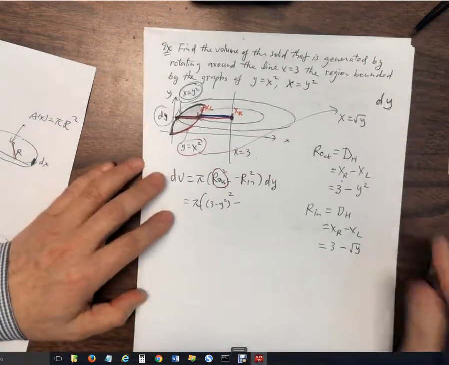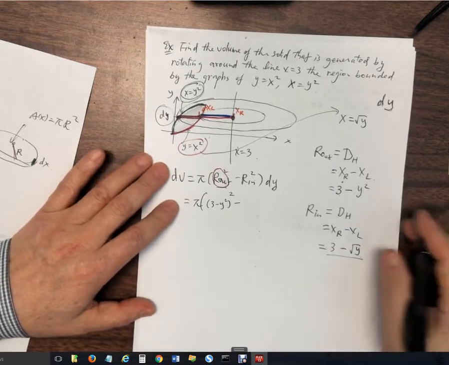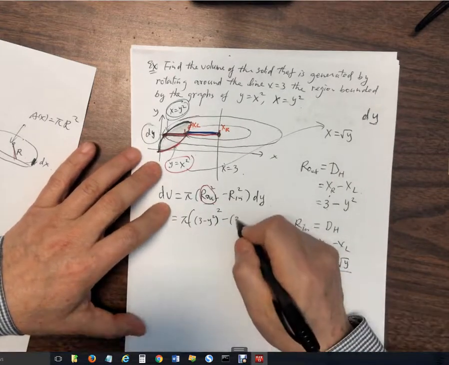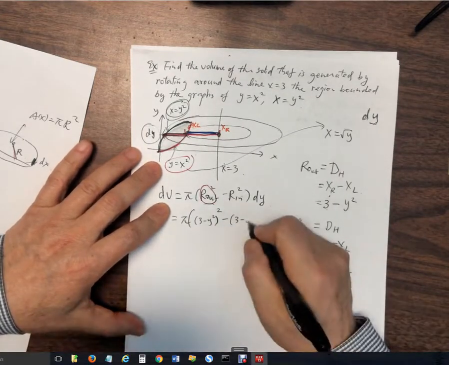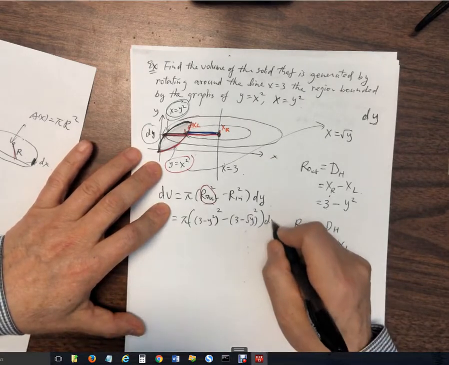Okay, so this is the expression for R in. It's in terms of y. That looks correct. So plug in 3 minus square root of y, all squared, dy.